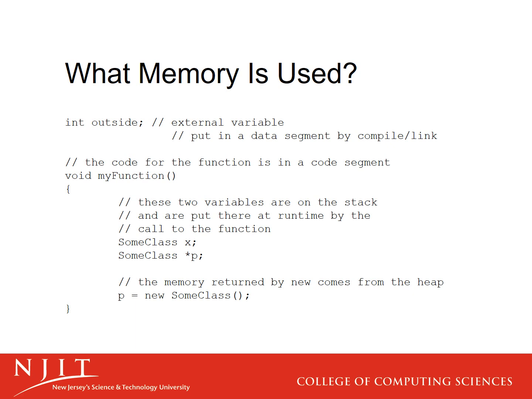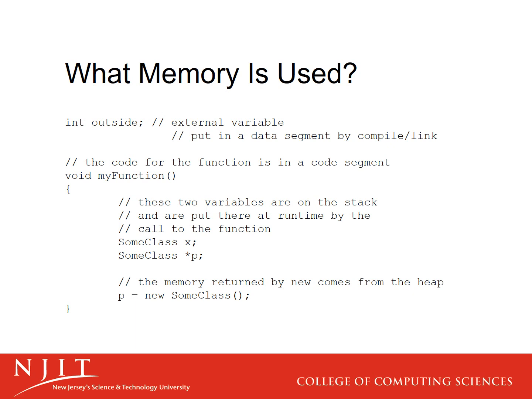The last line of code here, you can see I've invoked the new operator. I've said new sum class. That causes me to get some memory from the heap. So dynamically, at runtime, I get memory from the heap, and I bind that memory address to p.